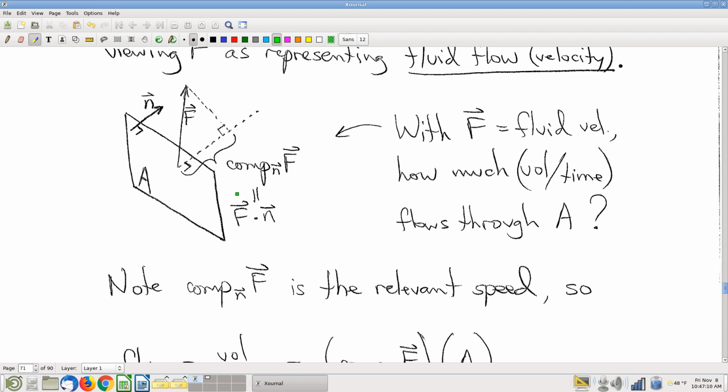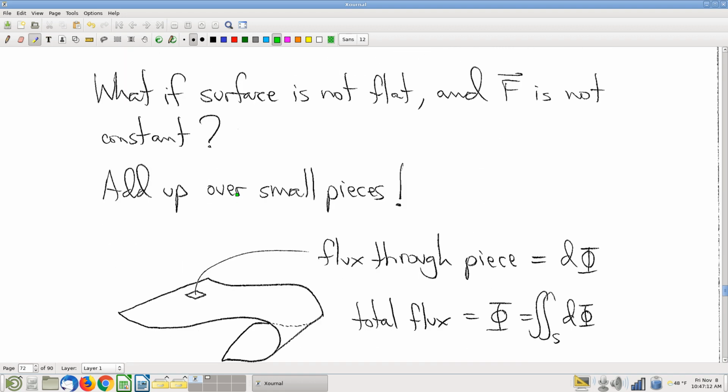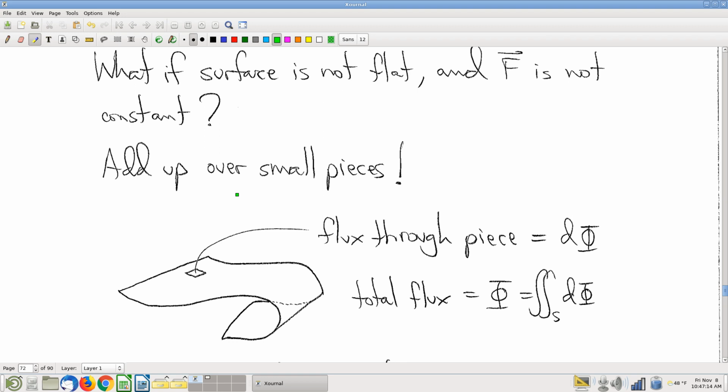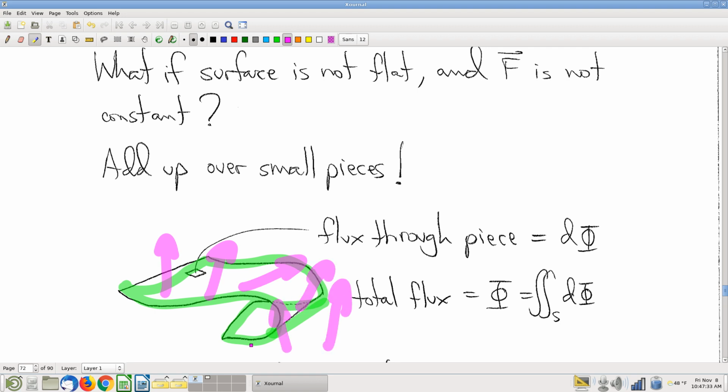So what if that's not true? What if we have a curved surface, something like that? And what if our vector field is doing different things? Maybe the vector field is like that, but then it does some weird stuff like this here.